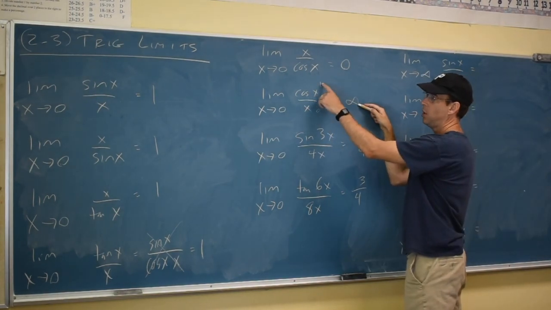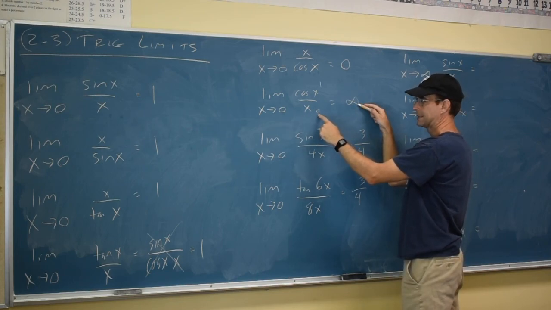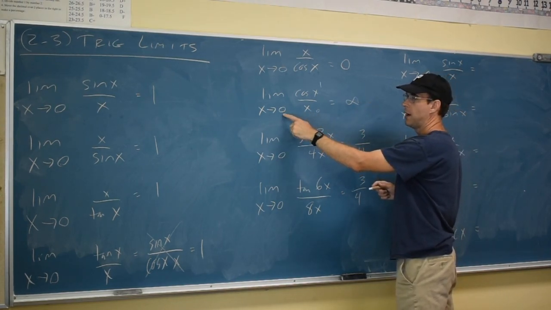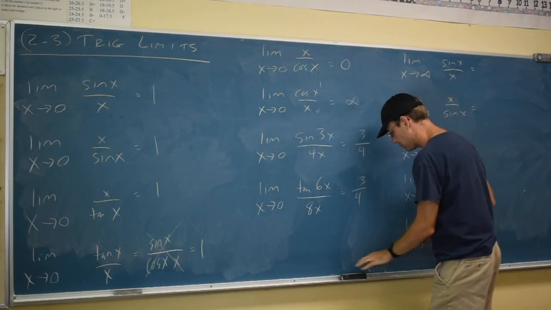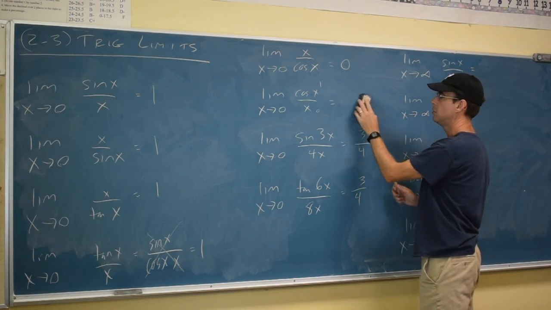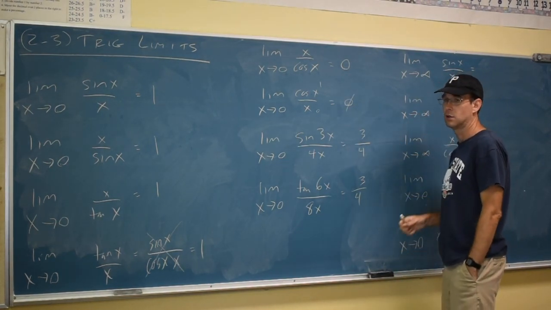This is a positive 1 on top. But this, we don't really know if we're a little more or a little less than 0. That was where I put the note up, beware the two-sided limit. This is a two-sided limit. Beware the two-sided limit. Frequently, those do not work out. And this one is one of those. This does not have an answer.